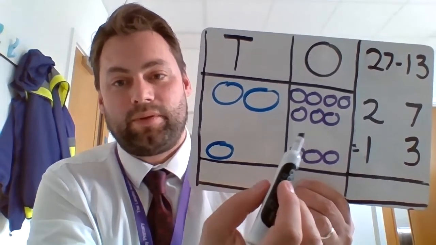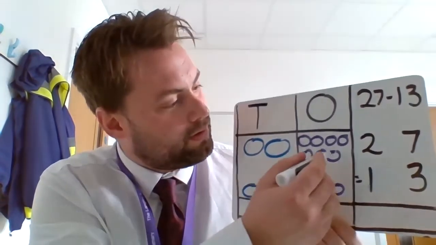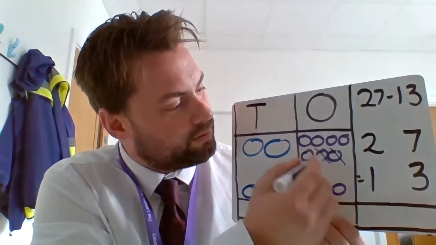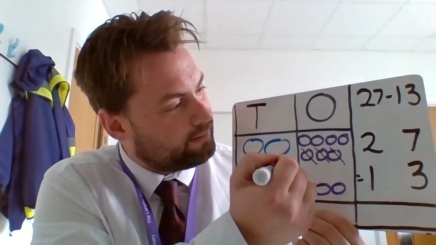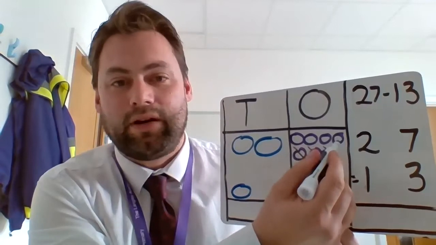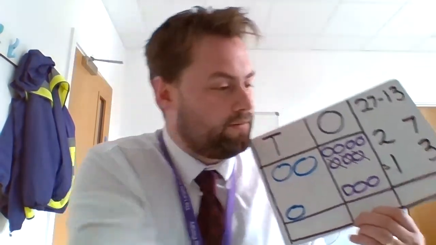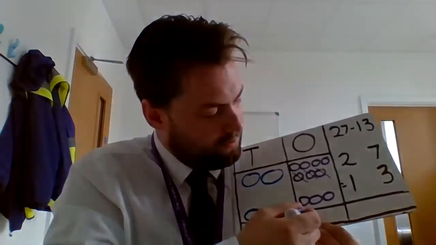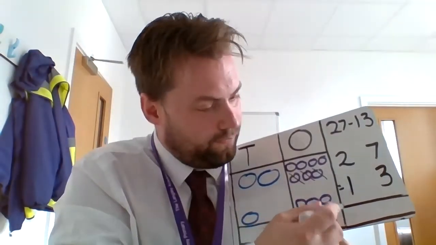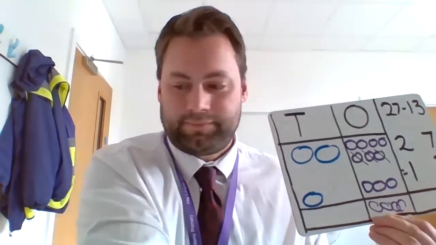So if we were to take this 3 away, we go 1, 2, 3. How many are left? The answer is 4. So we could draw 1, 2, 3, 4 down there.